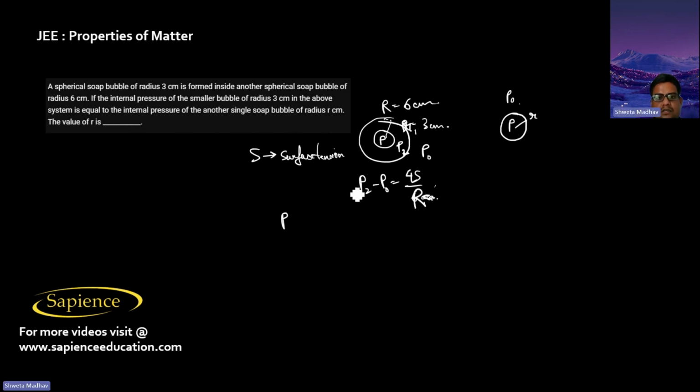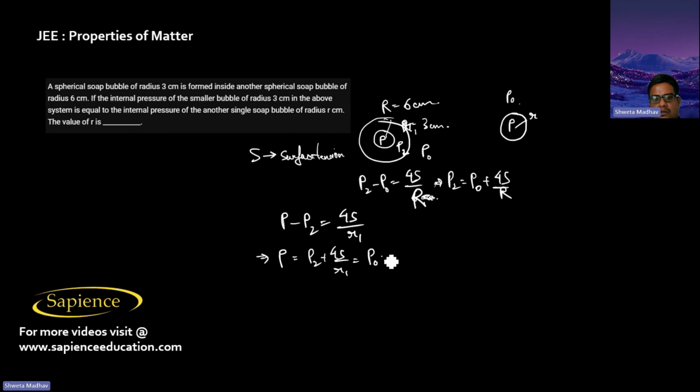Therefore, P minus P2 is equal to 4S by R1. From here, P2 is equal to P naught plus 4S by R. So P is equal to P2 plus 4S by R1, which is equal to P naught plus 4S by R1 plus 4S by R. And that is also the same as P minus P naught equal to 4S by R, so P is P naught plus 4S by R.